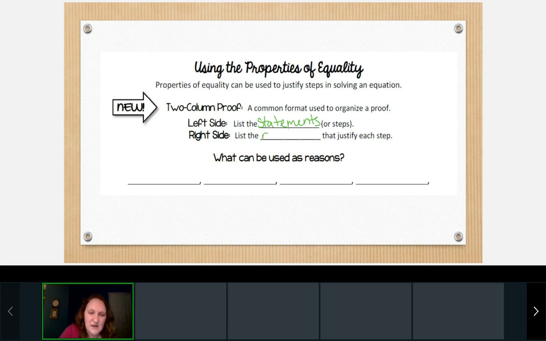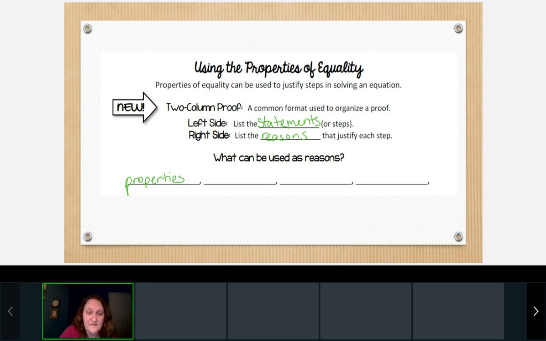We've been saying this out loud, just not really writing it. Why did you get that? Well, I added 2 to both sides or whatever. Things that you're allowed to use as reasons: you're allowed to use properties, any of those properties we just talked about.